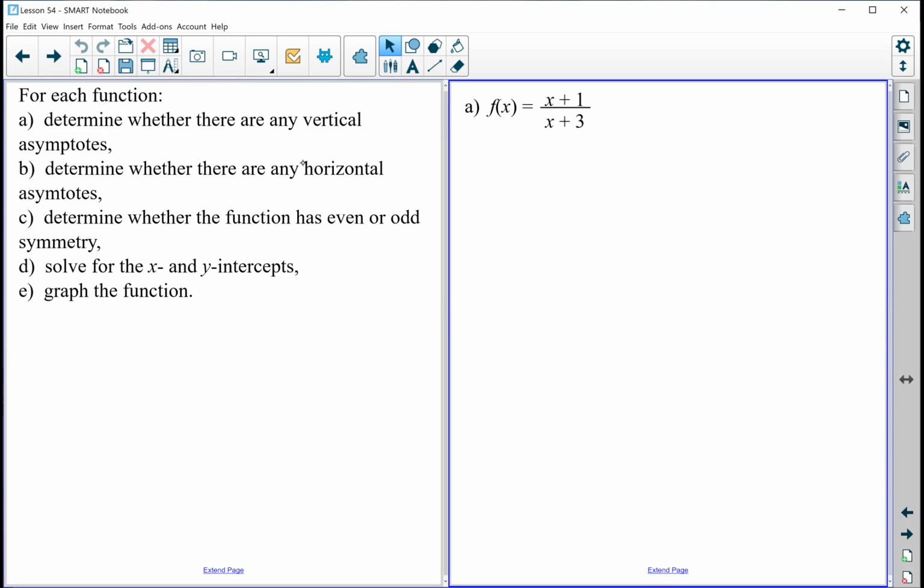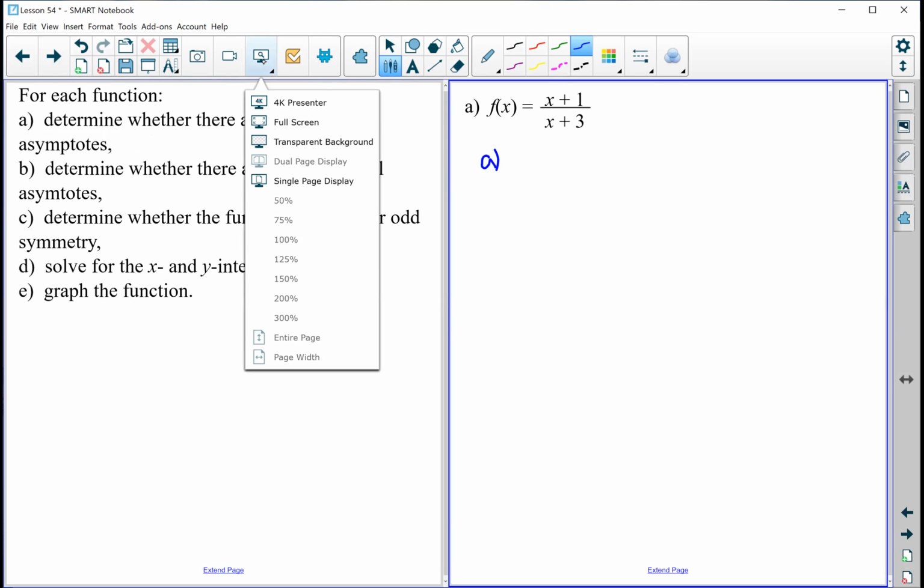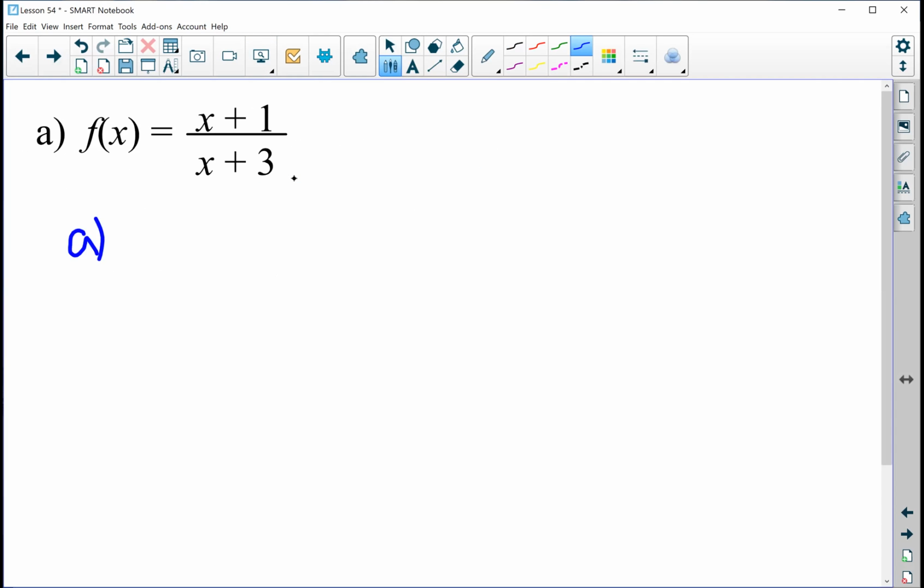So for vertical asymptotes, that would be where the denominator is 0. So I want to find the value for x that makes x plus 3 equals 0.